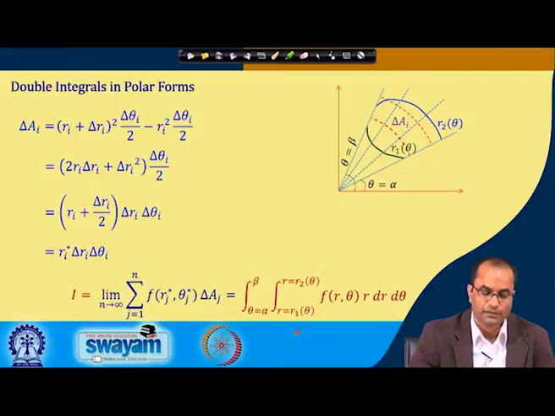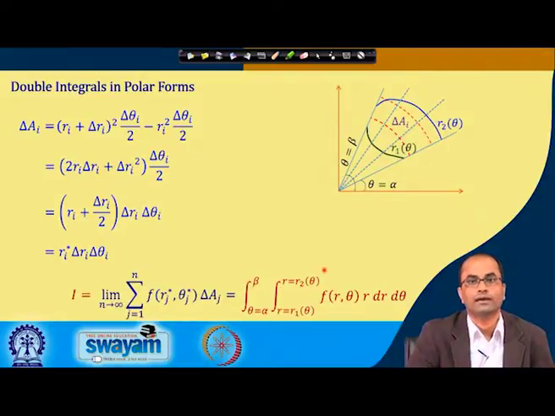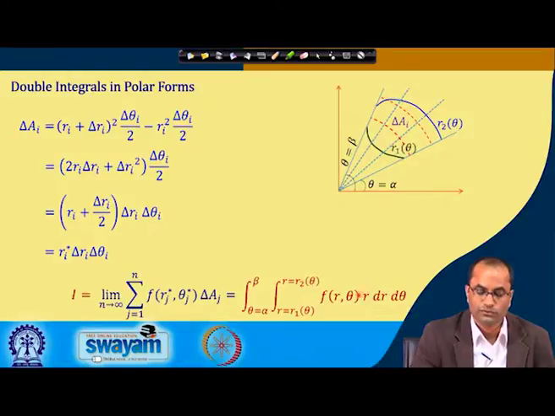So, these are the limits for r and theta, and what we should note is that this r factor has come as an extra in comparison to the Cartesian coordinates, where we used to have just simply dx and dy. So, here also we have the function evaluated at the coordinate r, theta, and there will be the additional factor r and then dr d theta, and to cover the region we have to consider these ranges for theta and r.